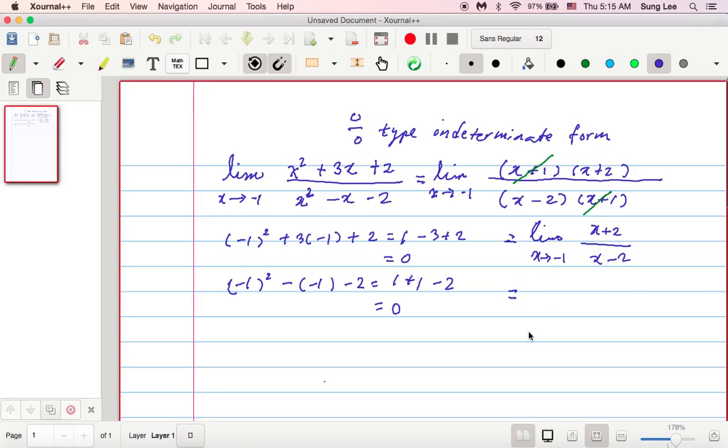And when you plug in x equals -1, we get -1 plus 2, that's going to be 1, over -1 minus 2, which is -3. So the answer, the limit, is -1/3. Okay, so this is the final answer.